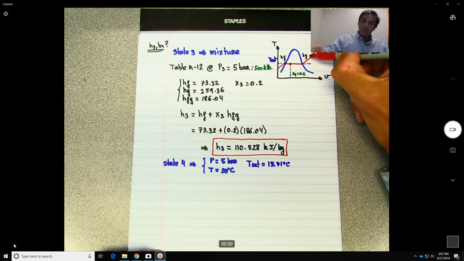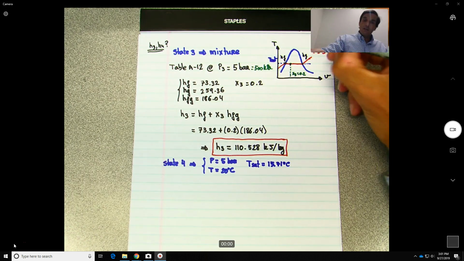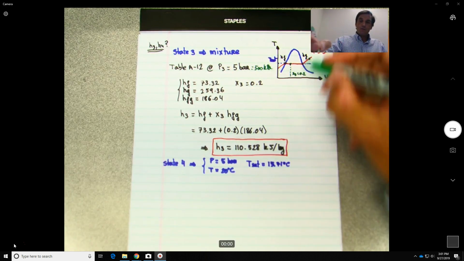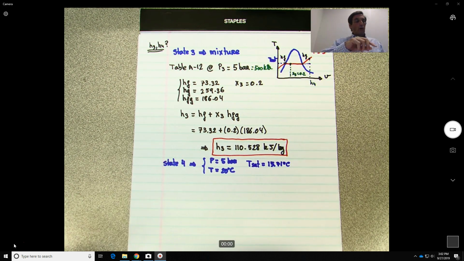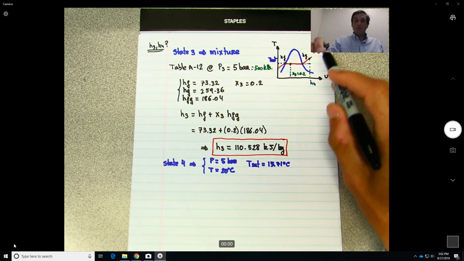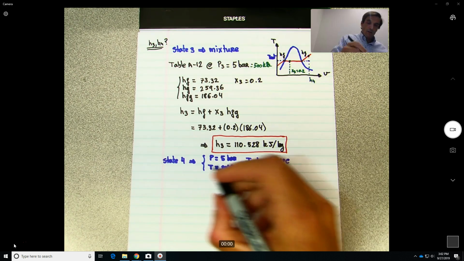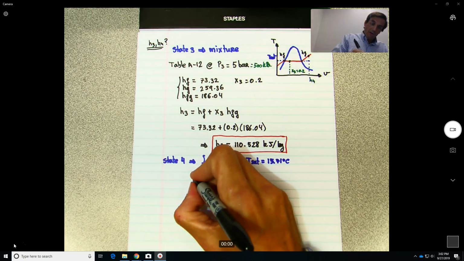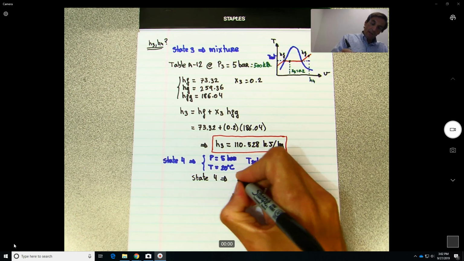So what does that mean? That we will be somewhere over there. So we'll be on the superheated region. Okay? So H4 basically will be over here. But what is most important is that we know that we need to go to the superheated tables. So state 4 is superheated.